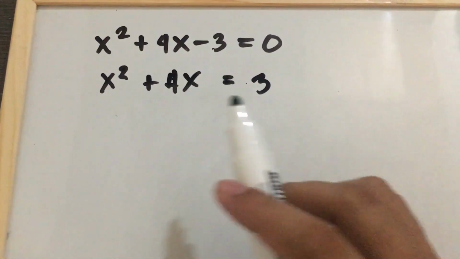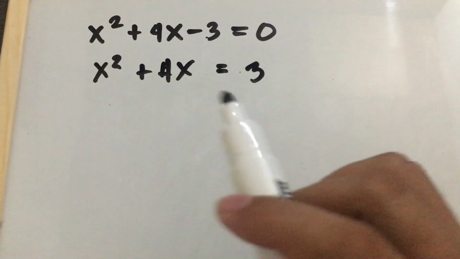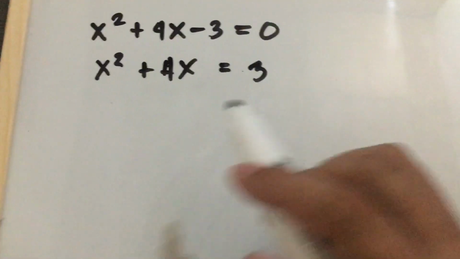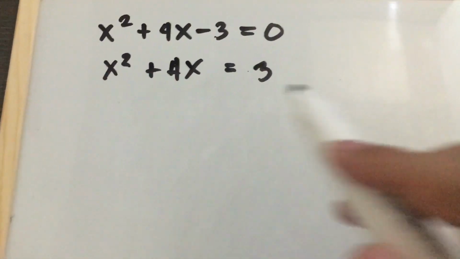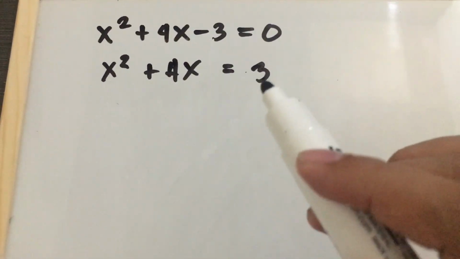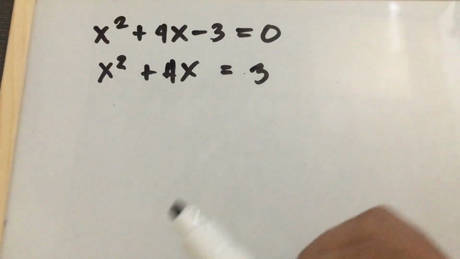Before we can begin the process of completing the square, we have to make sure the left side is all variables and the right side is a constant number.